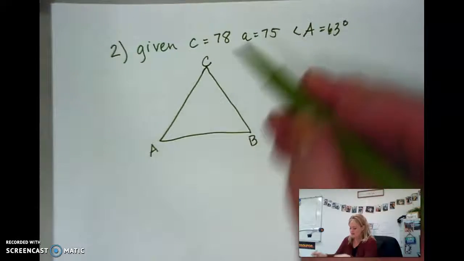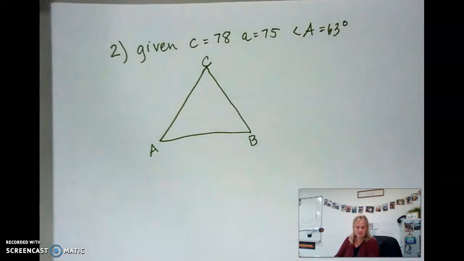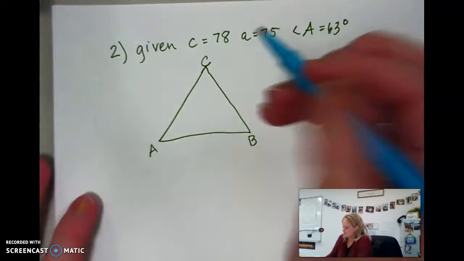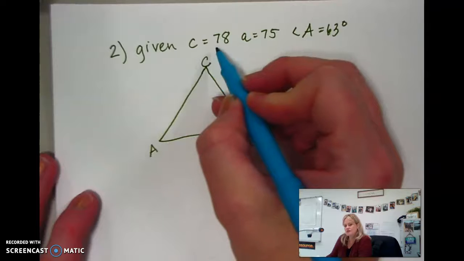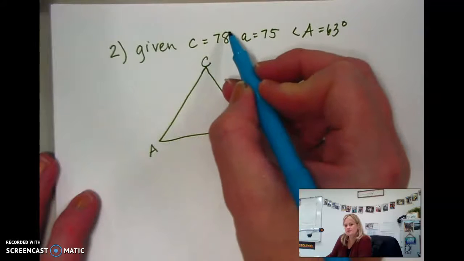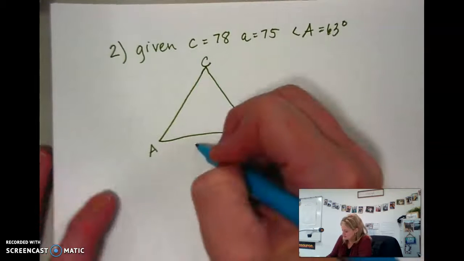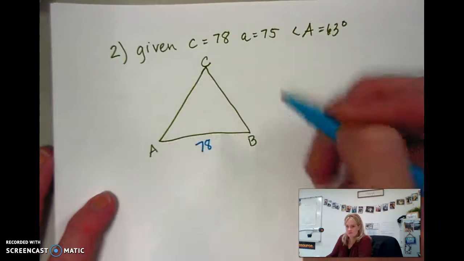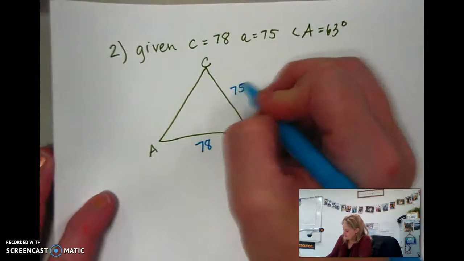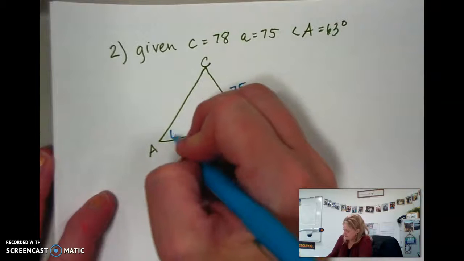Well, first of all, angles are given to us with degrees, and sides are with lowercase letters. It's hard to know if this is a lowercase c or an uppercase C, but because there's no degree symbol or angle symbol, I'm going to assume it's a side length, and angle.